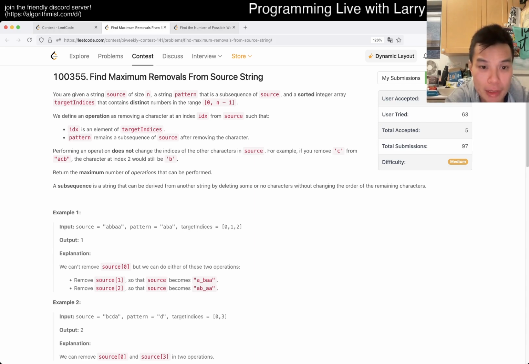A pattern that's a subsequence of source and is sorted contains distinct numbers. Removing a character, targeted.